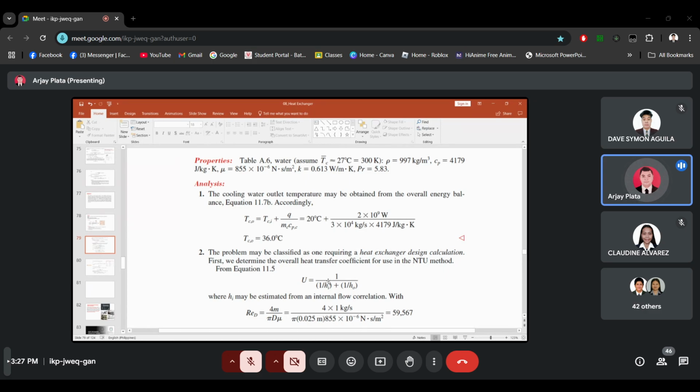To calculate the value of Hi, we have to use the correlations that I told you about during our first lessons on convection heat transfer. To determine which correlations should be used, we first have to determine if the flow is laminar or turbulent.